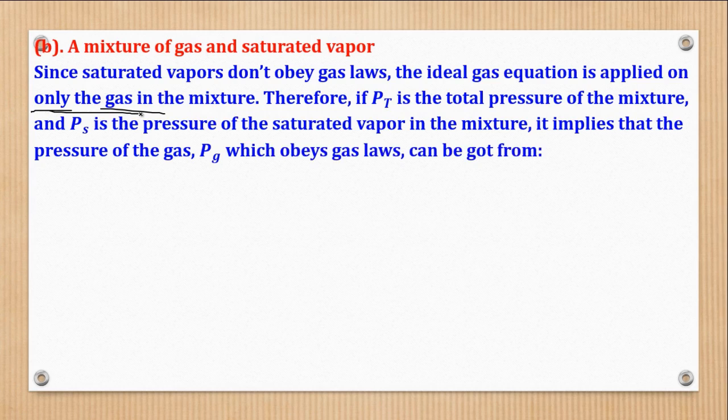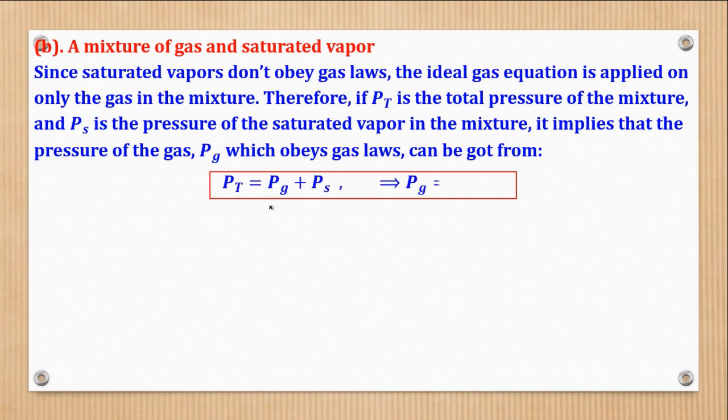Note this, only the gas in the mixture. Therefore, if Pt is the total pressure of the mixture and Ps is the pressure of the saturated vapor in the mixture, the pressure of the gas, Pg, which obeys gas laws, can be got from this expression.